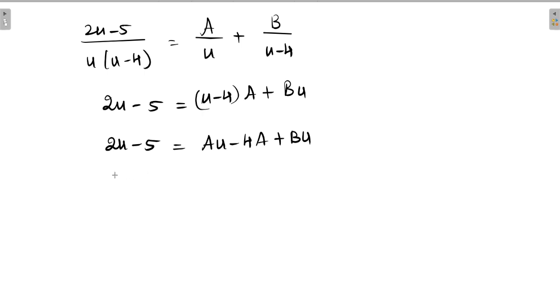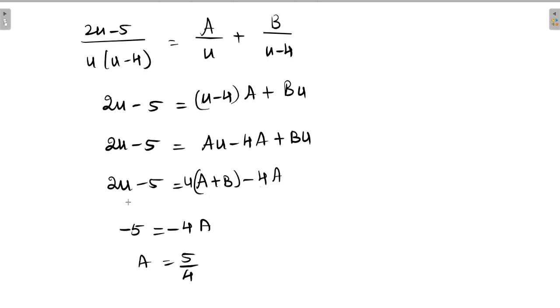Now there are two terms of u. 2u minus 5 is equal to u into a plus b minus 4a. Now we can equate the constant term. So minus 5 equal to minus 4a. So a equal to 5 by 4.